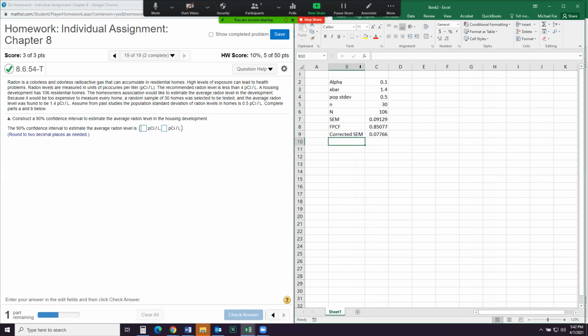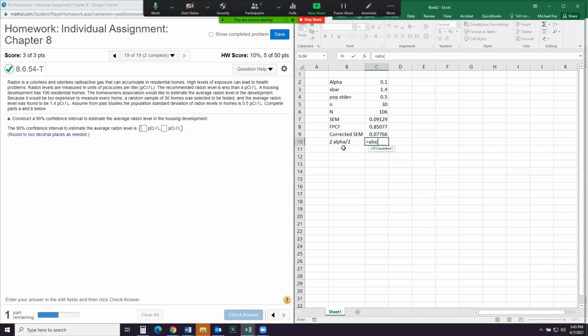All right. So once I have my corrected standard error of the mean, I can calculate my confidence interval. The confidence interval is just the z-score of alpha divided by 2 times the corrected standard error of the mean. So I'm going to have to find the z-score of alpha divided by 2. In order to do this, I want to take the absolute value because I don't want negatives in there.